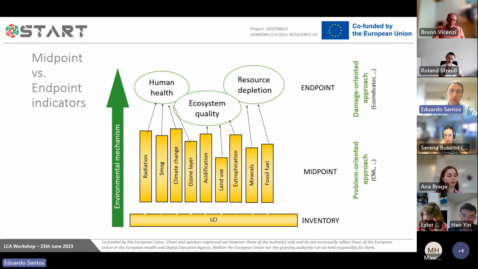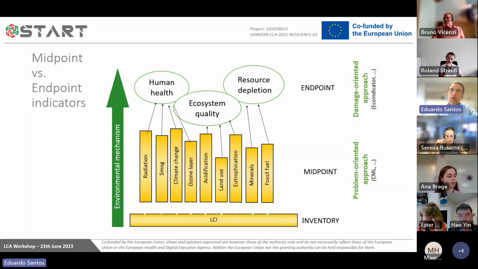And then there are methodologies called midpoint methodologies or indicators, and they classify those inputs and outputs into impacts in given categories, and those are called midpoint because they are problem oriented.